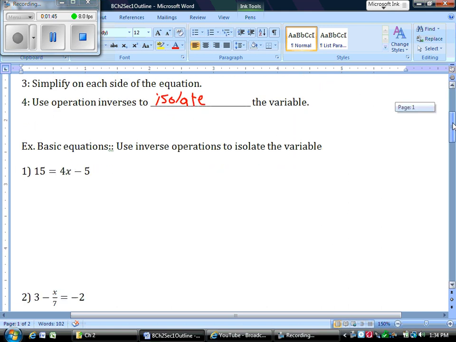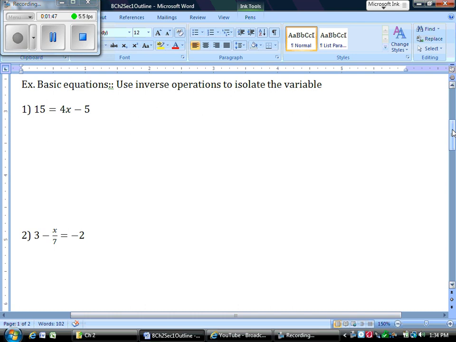Okay? So let's start here with a couple examples. We've got some pretty basic equations. We've been solving things like this for a while, so this first side will be a little bit of a review. We already have the variable by itself here. We have no parentheses, so we don't have to worry about that, which means the first thing we need to do is use the operation inverses.